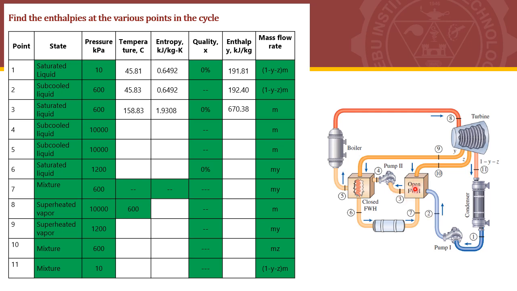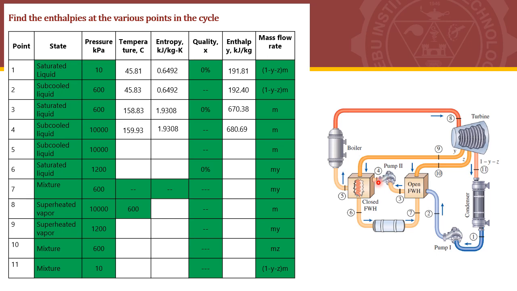When it leaves the open feed water heater, it will become saturated liquid, so that's why we have this value here. Then we can also get the entropy at point 4, since process 3 to 4 is pumping, so it's an isentropic process. So we can get the value of enthalpy and temperature at point 4.